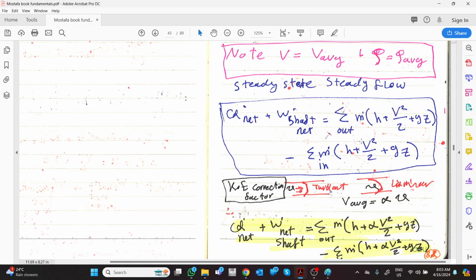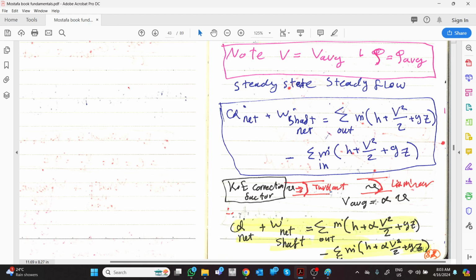By the way, this is the first law of thermodynamics, but without these two terms, because we assume that the kinetic energy is negligible, but this is a general term which comes from the Reynolds Transport Theorem. So from the Reynolds Transport Theorem, we can derive the first law of thermodynamics.